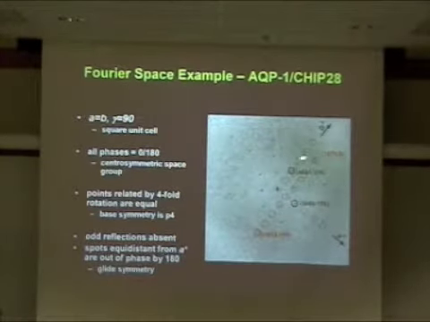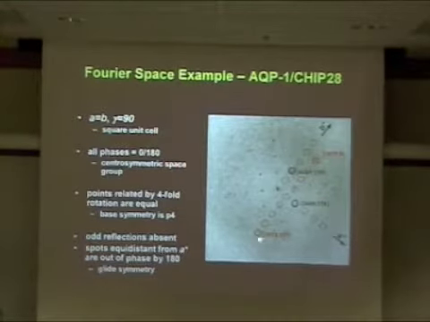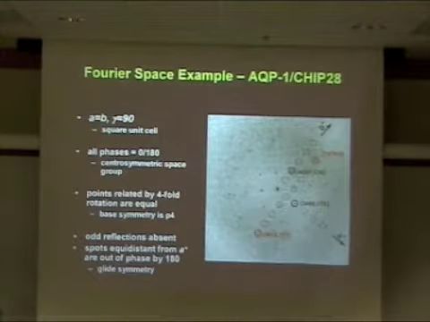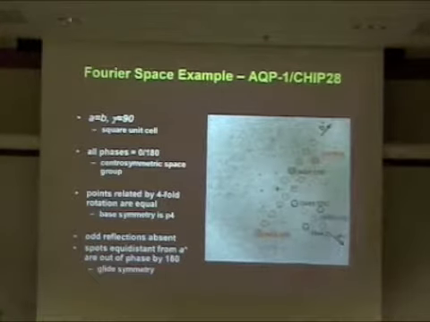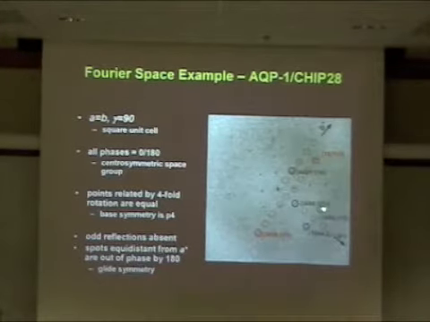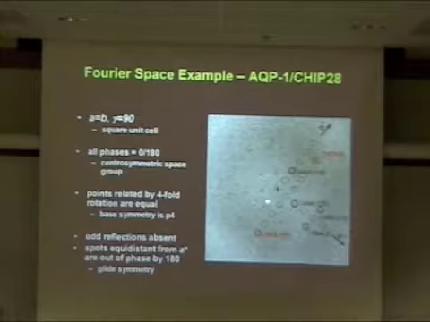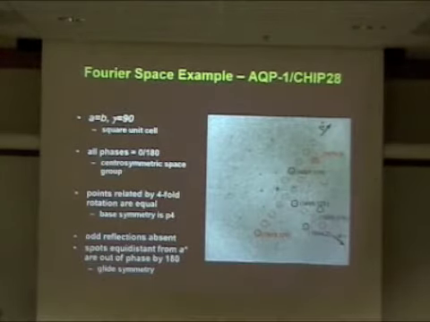You can see this in the red spots shown here, where we have 180 and 0 for these equidistant from A star, and also in the blue one shown further down, we've got 175 and 2. So these two spots are related by reflection symmetry about the A star axis, as are these. There's also missing spots along the A star axis, and this basically is the hallmark of glide symmetry within our unit cell.